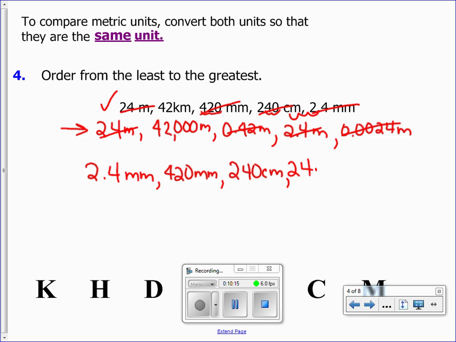And then our last one that we have left is the 42,000, which will be 42 kilometers. Again, we put them all in the same unit, compared that unit, but the answer is in the original form given.